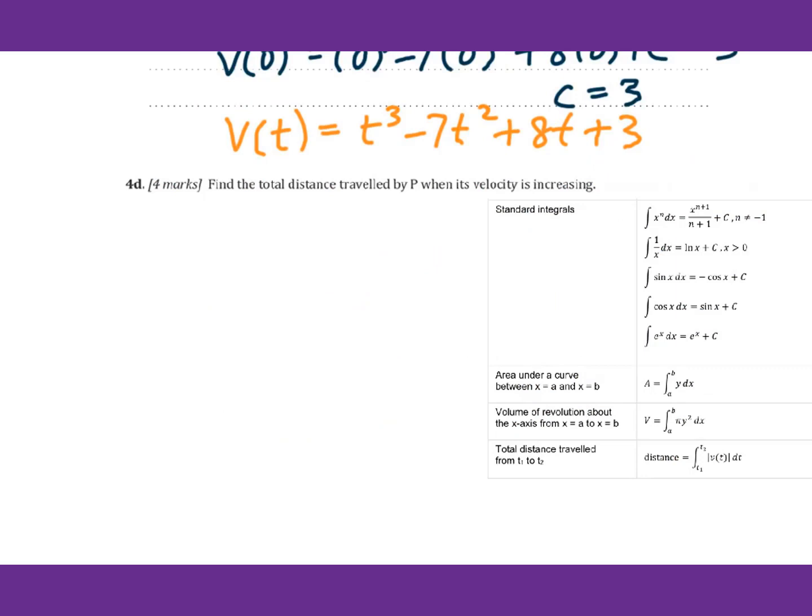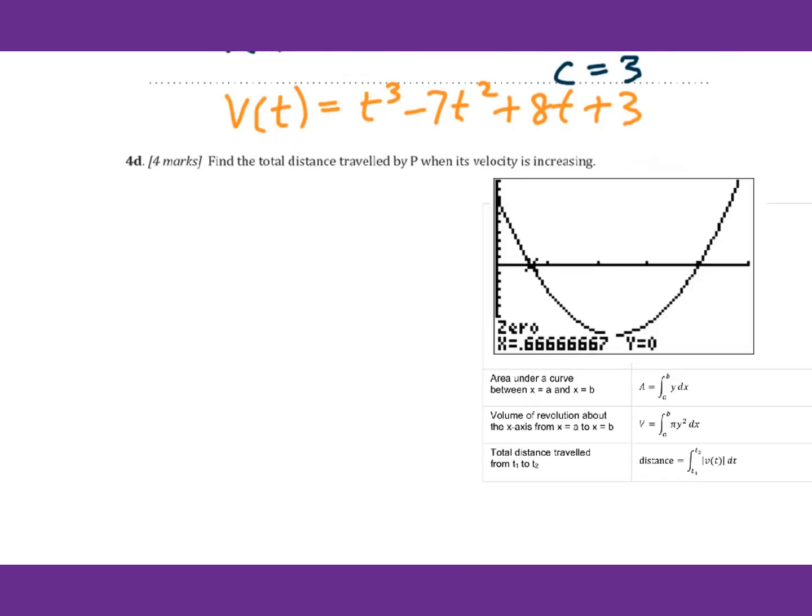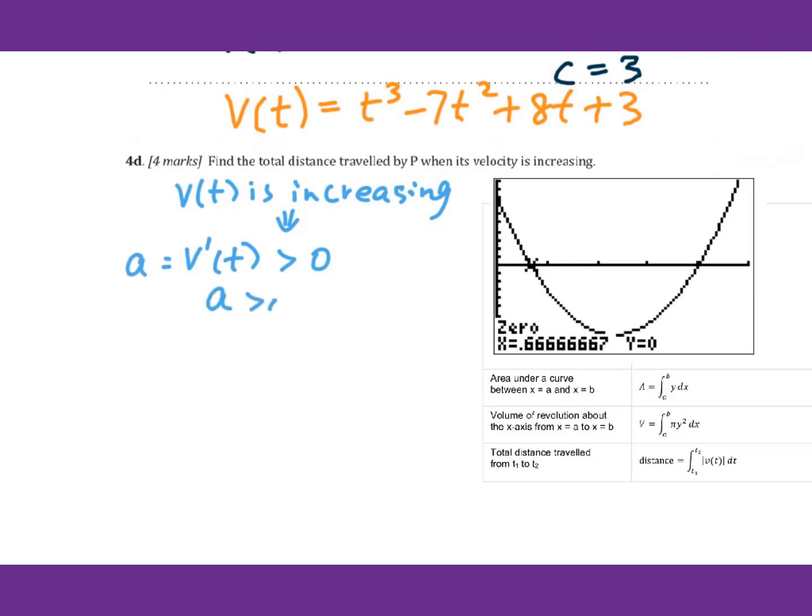For D, find the total distance traveled by P when its velocity is increasing. Velocity is increasing means the derivative of v is greater than 0. This is a, so which means a greater than 0.